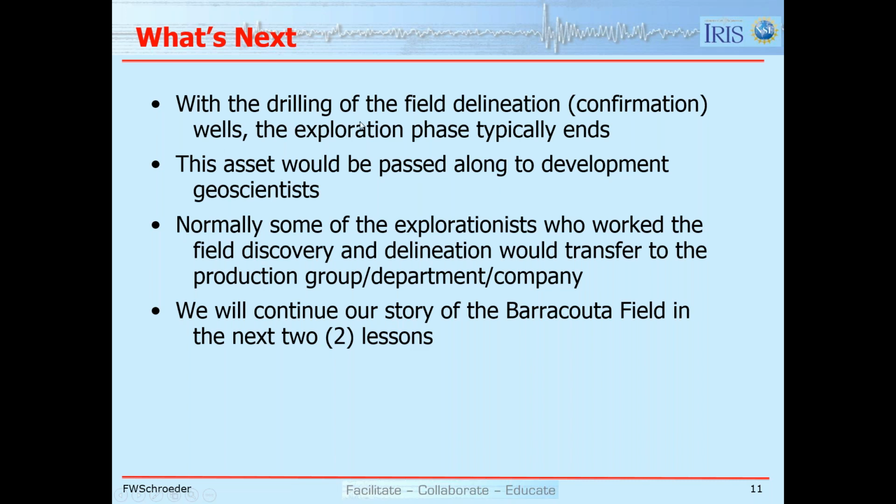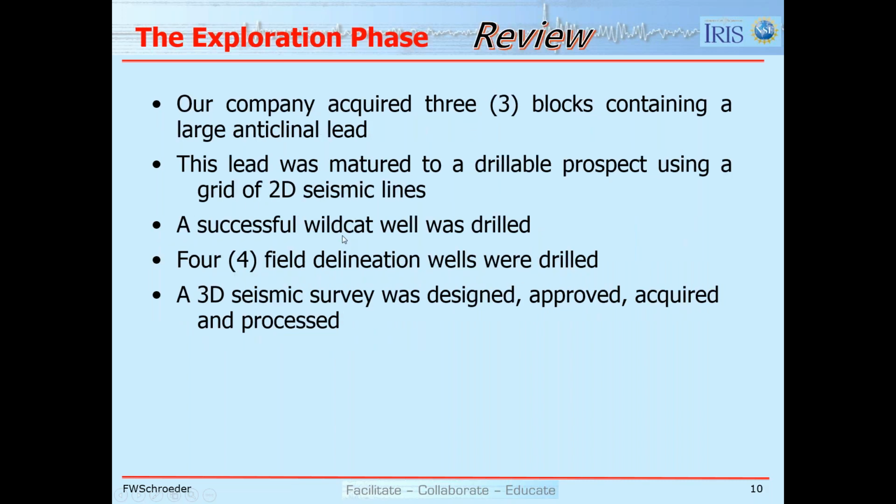So after the exploration, they've drilled the Wildcat discovery well and 4 additional wells. The asset, or the potential field, is passed to the development geoscientists. Normally, some of the explorationists that worked the field will transfer with the asset so that some knowledge, and a person with that knowledge, continues into the next phase, the development phase.